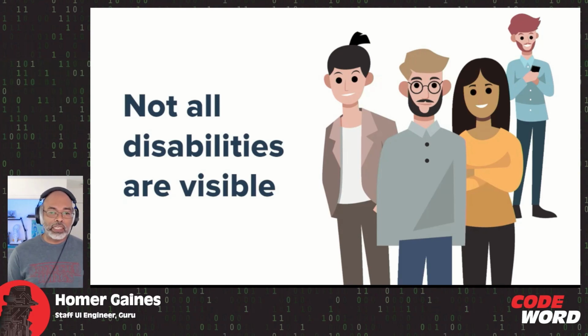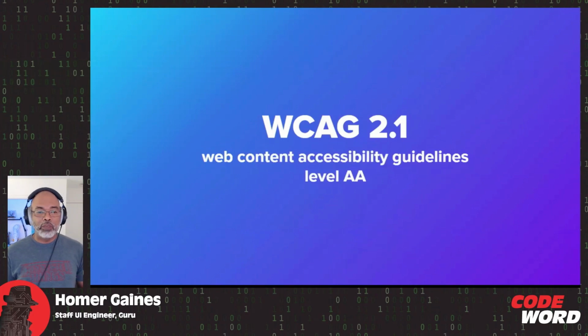So one place that I always recommend developers and anyone start is with the WCAG. Currently, we have the WCAG 2.1. 2.2 is set to be released sometime this year. It's in review, but we will see. The WCAG is short for Web Content Accessibility Guidelines. And one of the important parts of the WCAG is that we adhere or work towards the level AA success criteria that are inside.